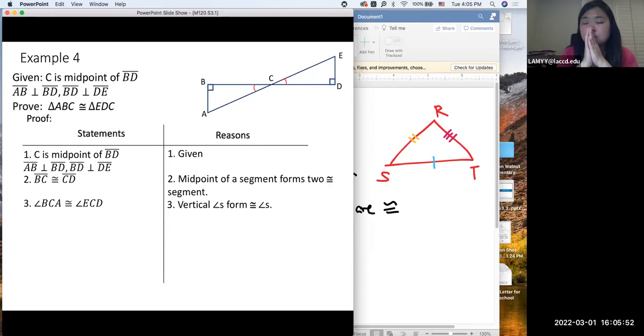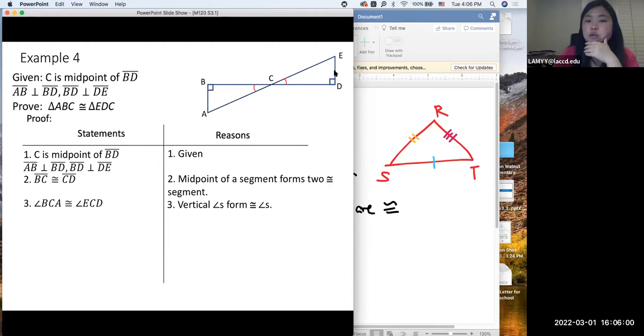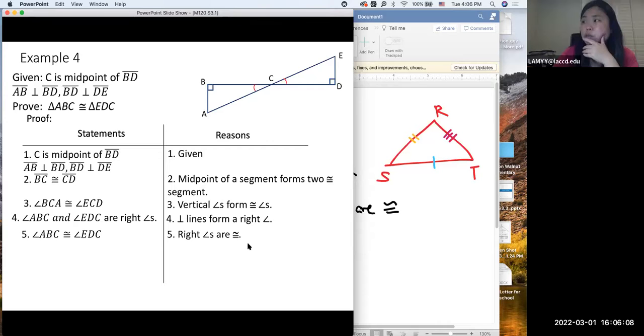And then angle ABC is congruent to angle EDC. Good. Because these two angles are right angles, and right angles are congruent. I wrote one more thing in here, because they didn't tell us these two angles are 90 degrees.